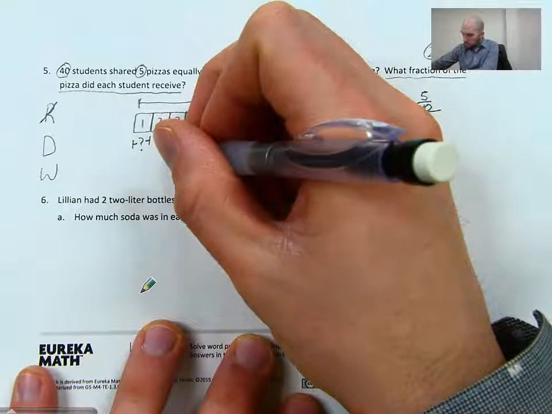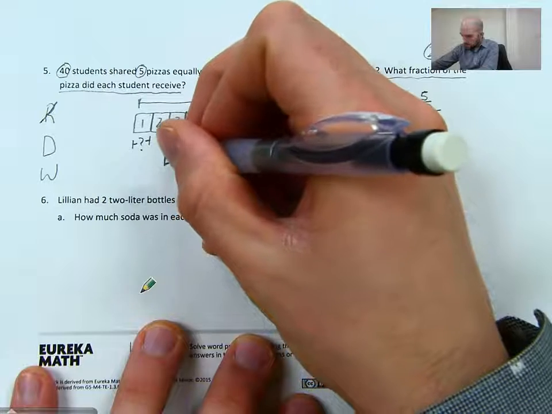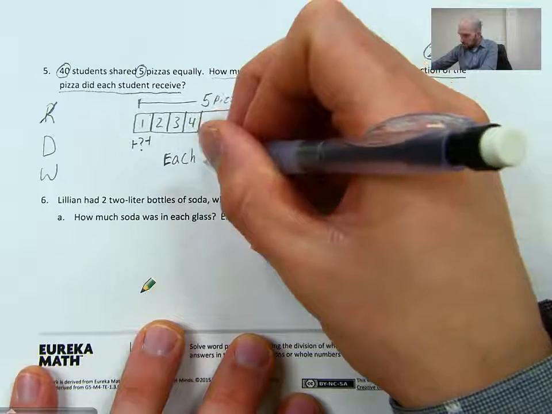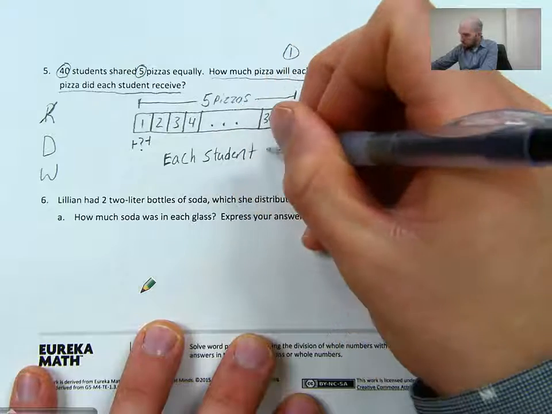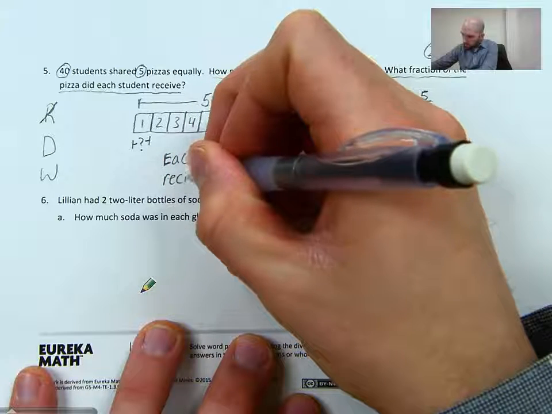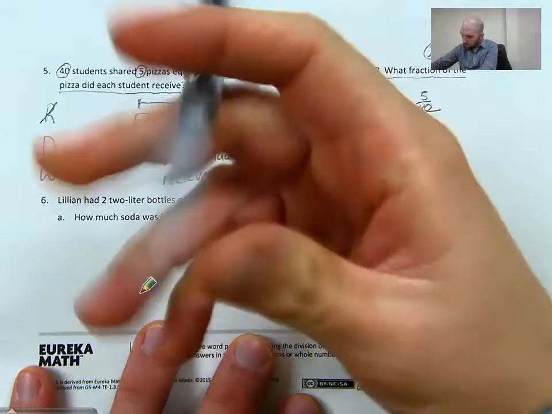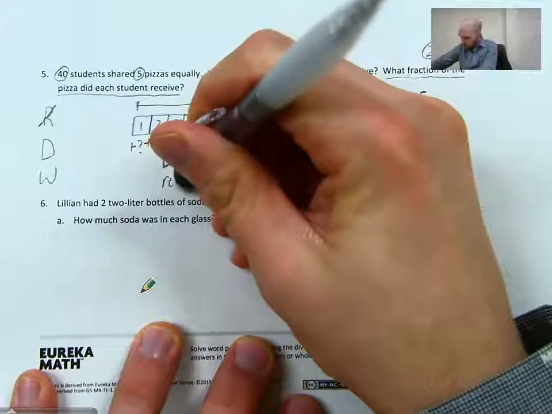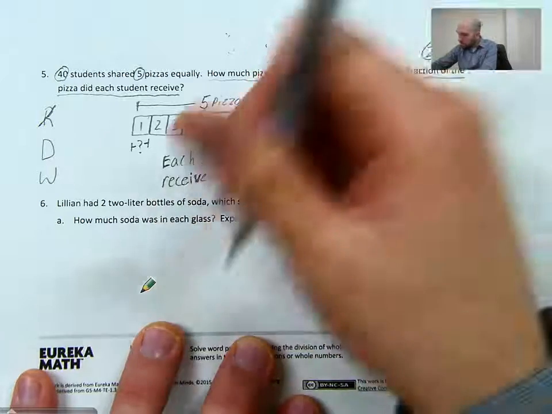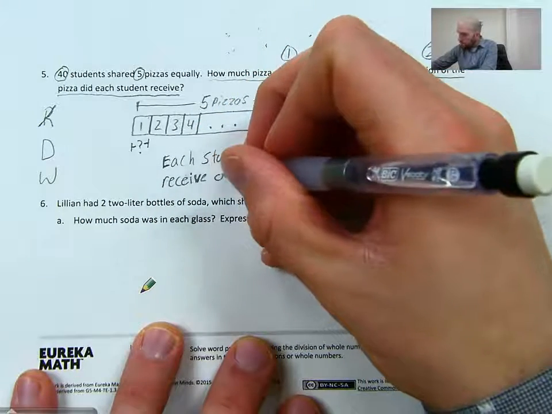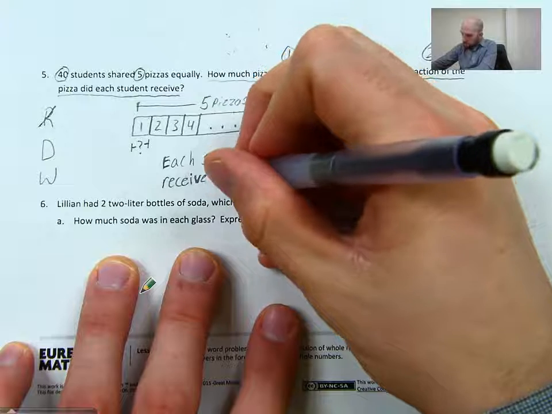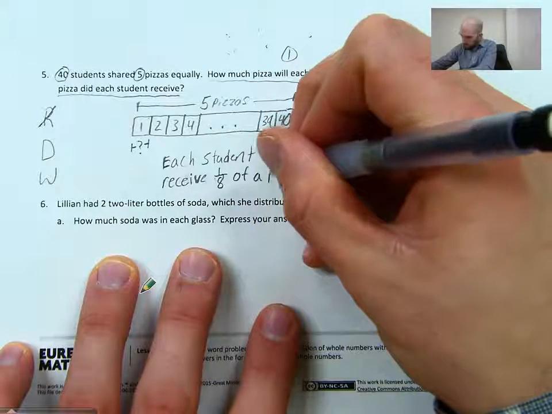So part 1, each student will receive 1/8 in fraction form of a pizza.